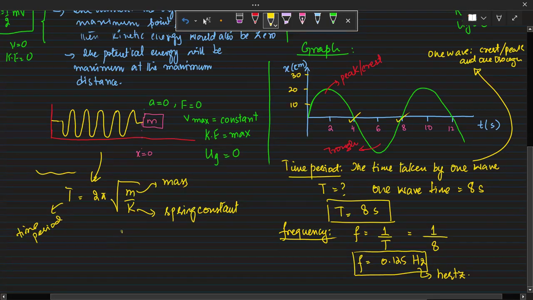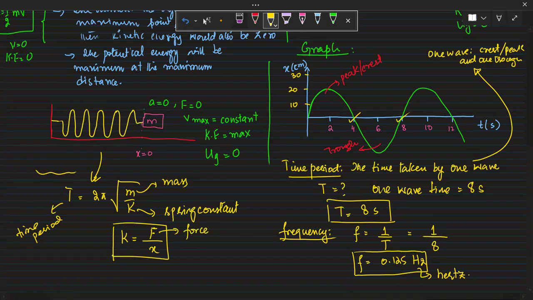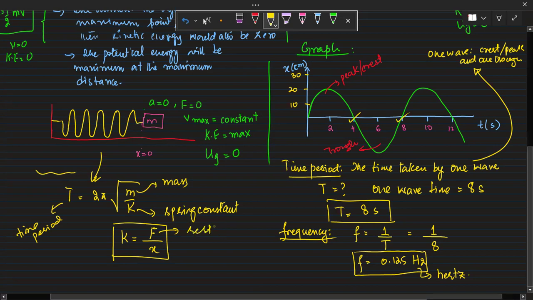This k can be found out using the pulling or pushing force, F upon x, where F is the force exerted, or you call it restoring force, and x is the distance covered from the mean position.